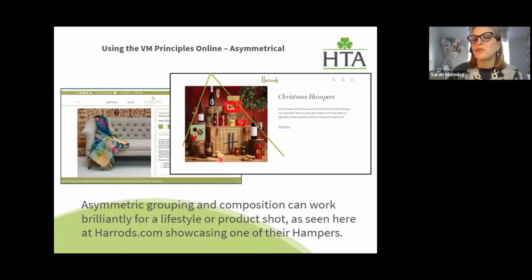So this might also be quite a good idea for you all at Christmas, if you're thinking about how to showcase items which are packaged like Christmas hampers: perhaps take the product out of the package and actually show it in the image itself. I really like how they've used the pieces of wood to create this raised height example, with the product taken out of its packaging.